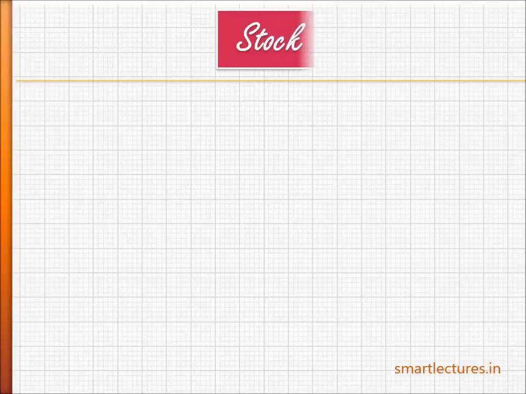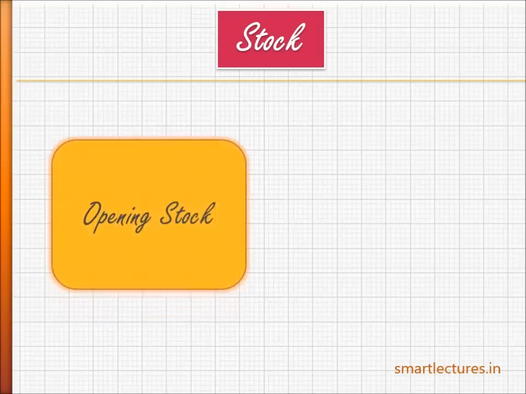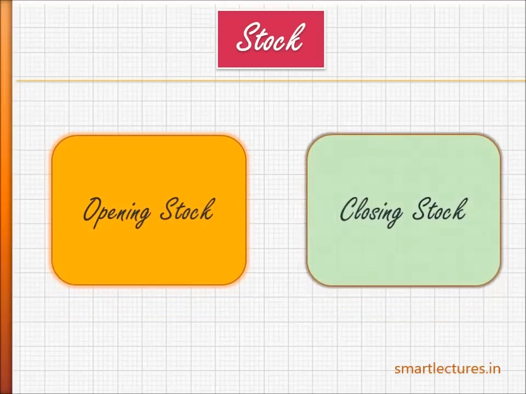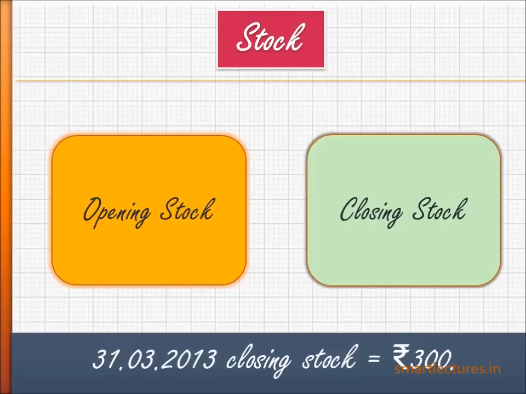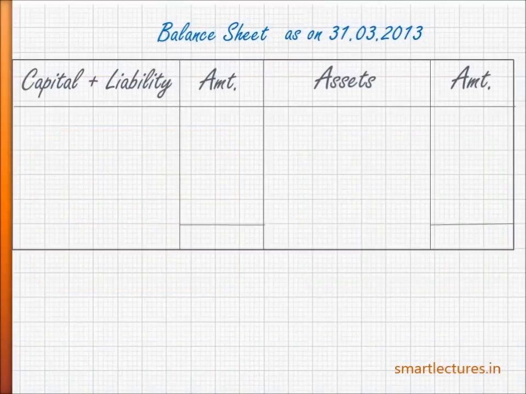One thing more, I would like to explain to you about the stock. The stock in the shop or factory or whatever it is, can be of two types, either opening stock or closing stock. Suppose on 31st March 2013, the closing stock is rupees 300. It means in the balance sheet, this closing stock will be shown on the asset side.